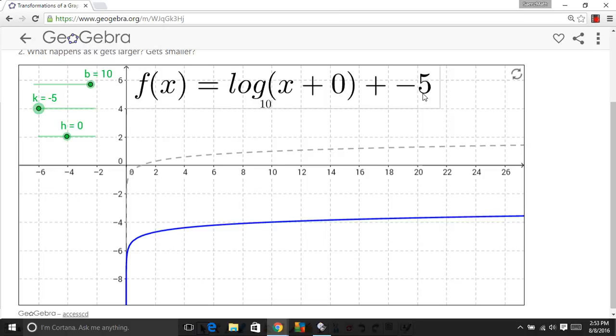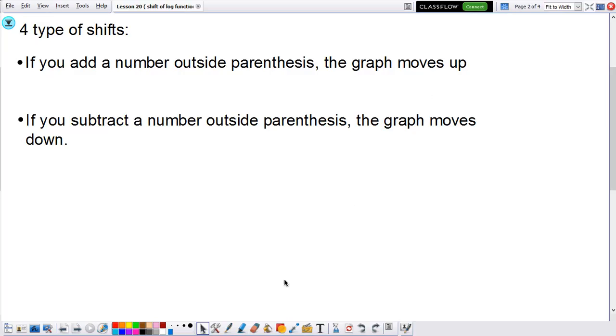Here we have it in writing as a small summary. So let's go back to the lesson. Just like it was explained, if you add a number outside the parentheses, the graph moves up.